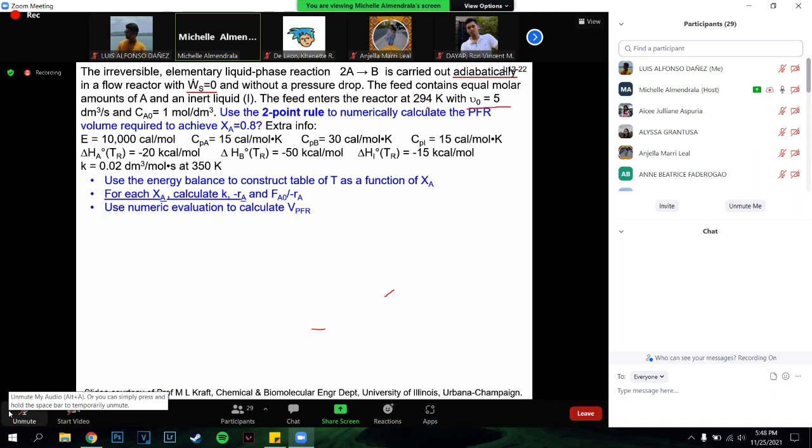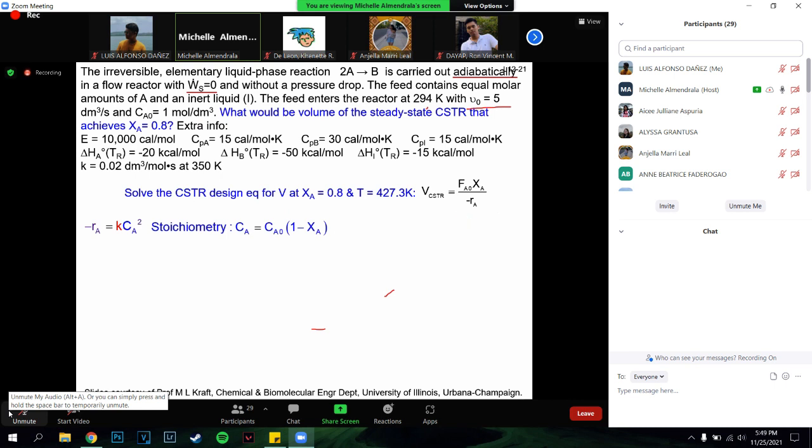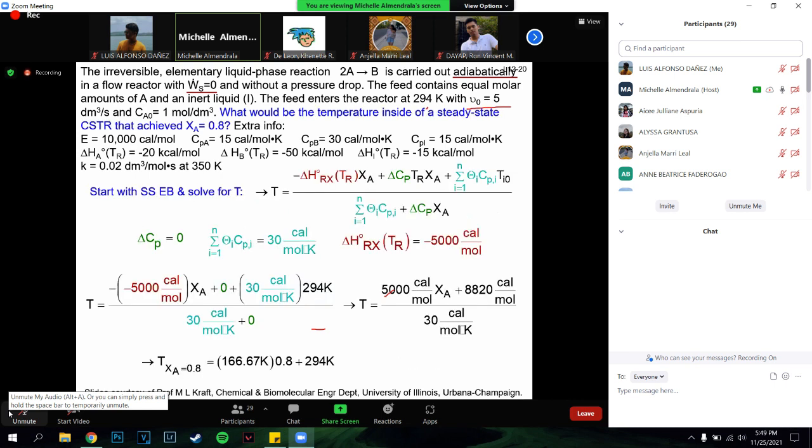Whether it's a PFR or a CSTR, this TX relationship plus this one. Oh, okay, this one. This is the TX relationship: 166 times X plus 294. That's the TX relationship.